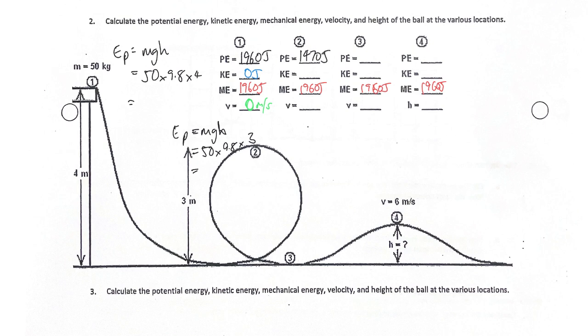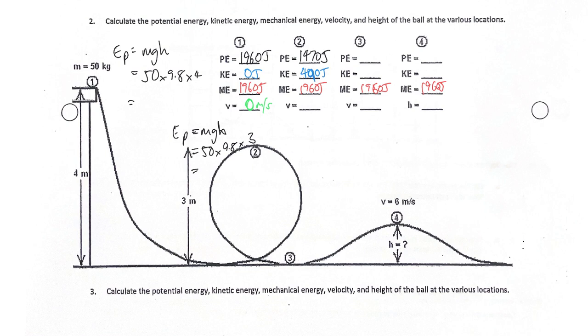Okay, so now that I've got that, what other number can I get now? I can get the kinetic energy. How do I get the kinetic energy? 1960 subtract 1470, which is equal to 490 joules.